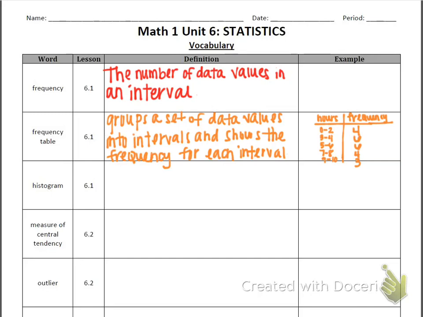So then what we can do with our frequency table, we can take the information from our frequency table and represent it graphically on a histogram. So a histogram is just a graph that displays data from a frequency table.